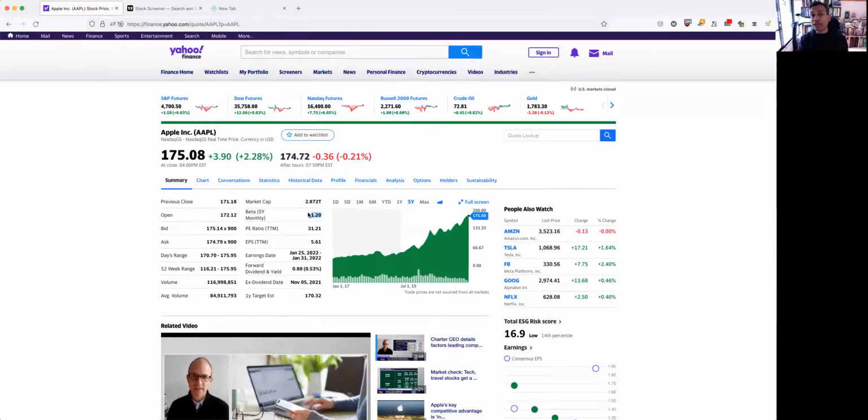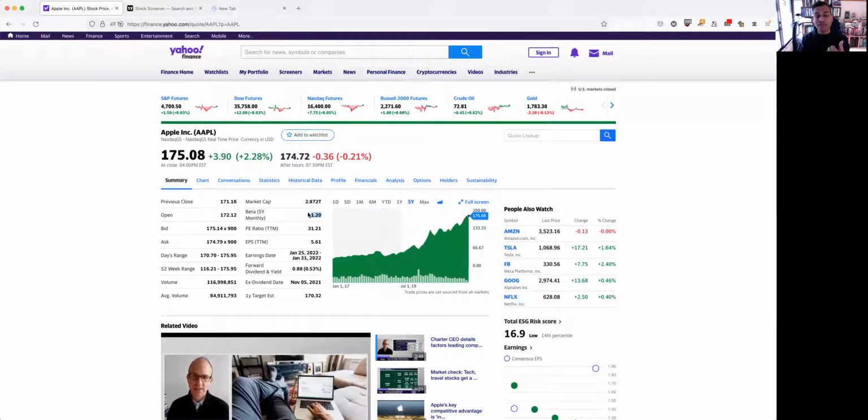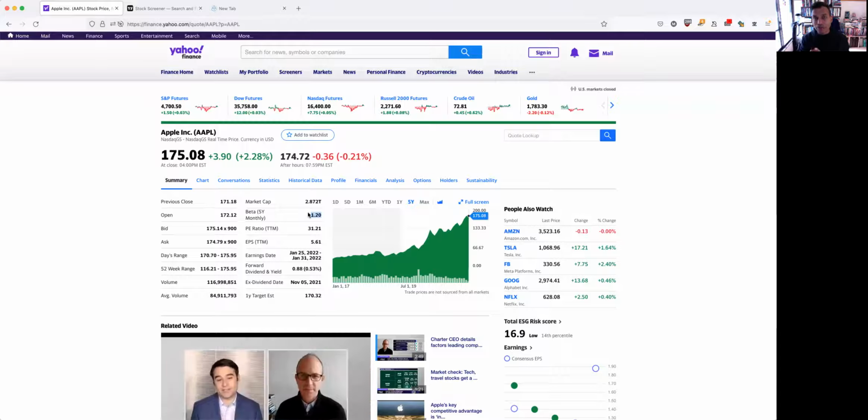If you're talking about an American company, Apple here is an American company, this beta reflects the risk of Apple vis-a-vis the entire US stock market, all the big companies in the US market, which is reflected by the S&P 500, right?